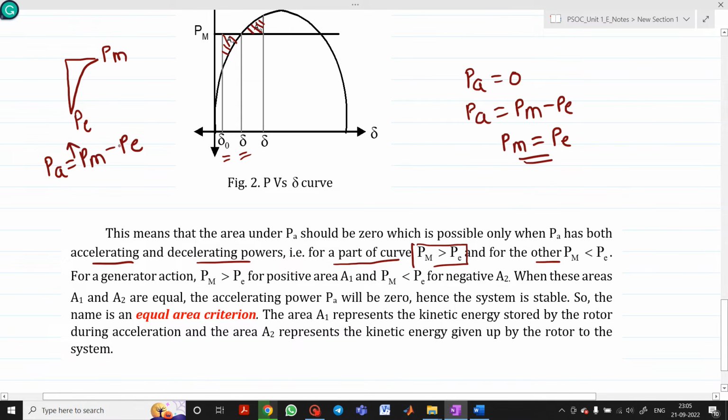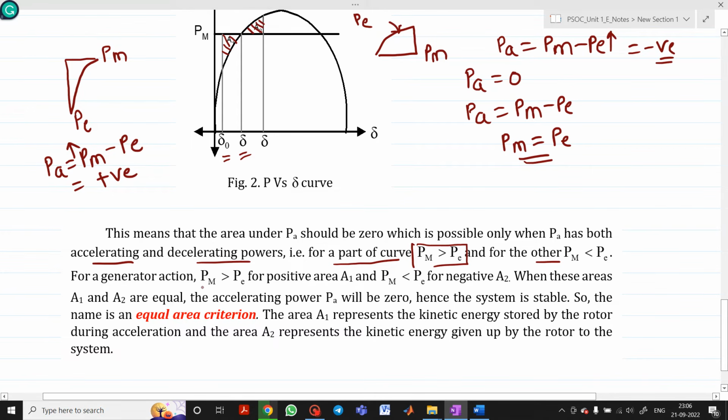If Pm is more than Pe, then Pa will be positive. That's why this is the accelerating area. And for area A2, it is represented like this. This will be your Pe, this will be your Pm. But obviously Pa is Pm minus Pe, and with more Pe than Pm, you will get a negative answer, which is called the deaccelerating area.